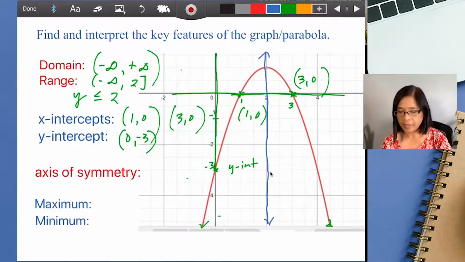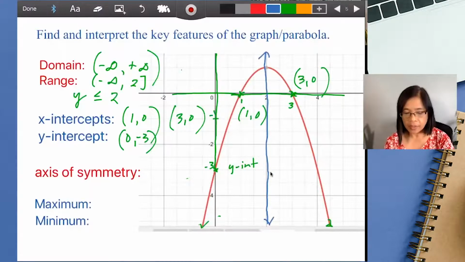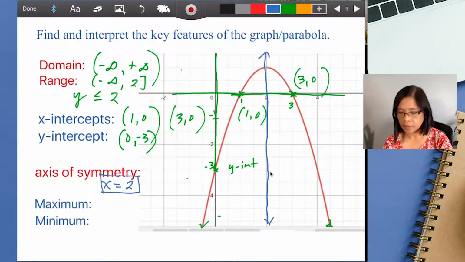This is the line which we call the axis of symmetry, which passes through the point x equals 2. So the equation of the axis of symmetry is x equals 2. Ready for the next one?